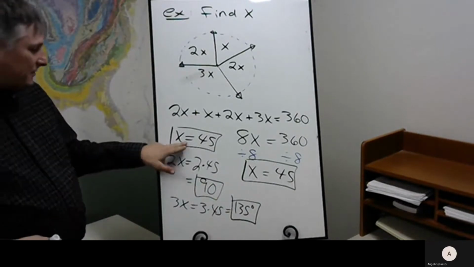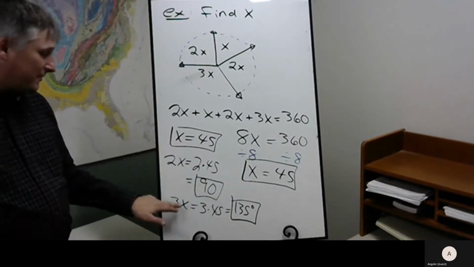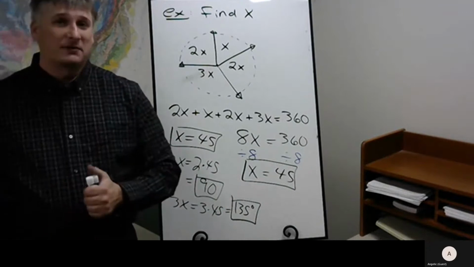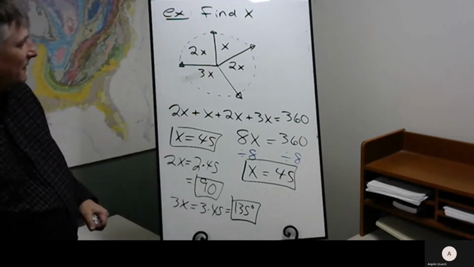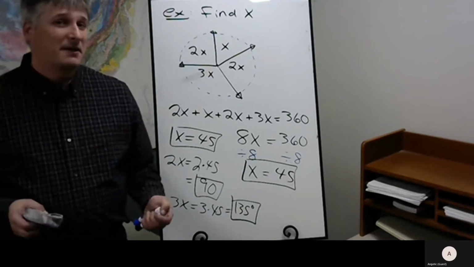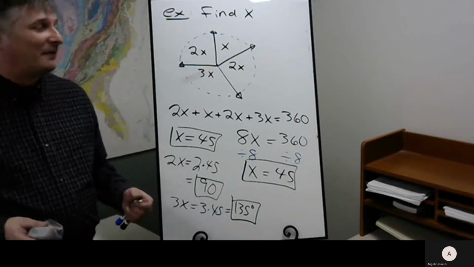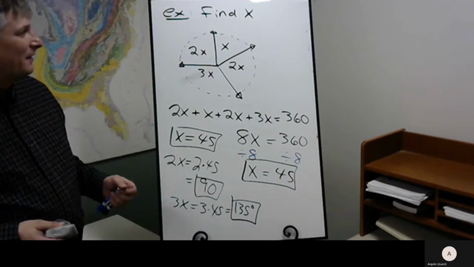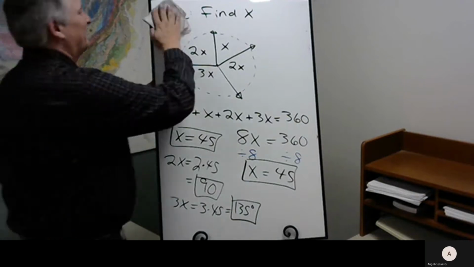So we can find x, we could get 2x, which is 90, and 3x, which is 135. Any questions about that? All right.